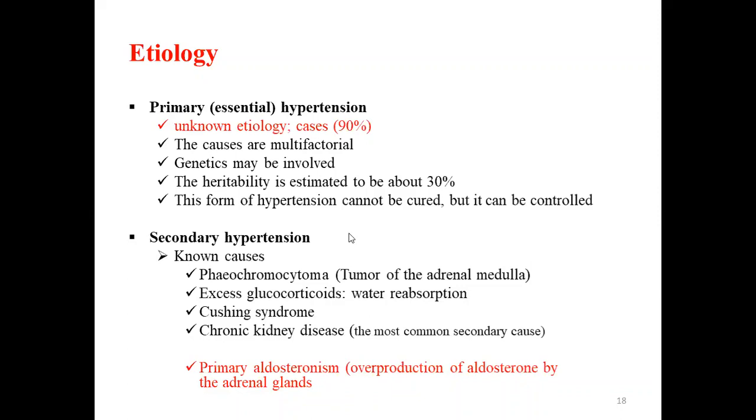Remember, CKD is the most common secondary cause of hypertension. If you know someone who has a chronic kidney problem, the probability of having hypertension is very, very high, because the kidney is the principal organ that controls the blood pressure.